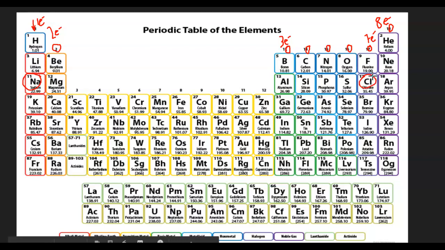They usually come together, sodium and chlorine, because this guy has 7 electrons, this guy has 1, so sodium will say, hey, I'll give you my 1 electron so I can be happy. And chlorine says, sure, I'll take your electron because I want 8 in my outer shell and I'll be happy. So that's just a quick, easy way to see how many electrons are in the valence or outer shell of the atom.